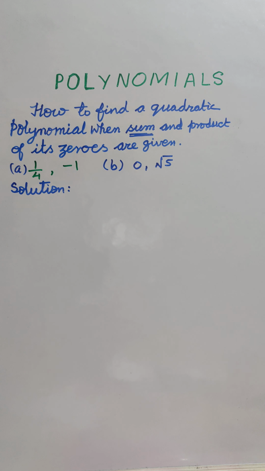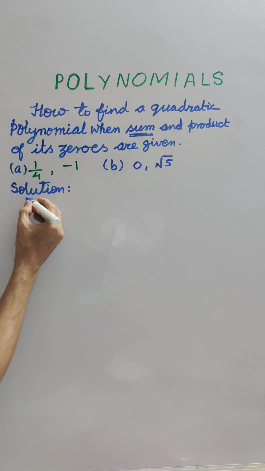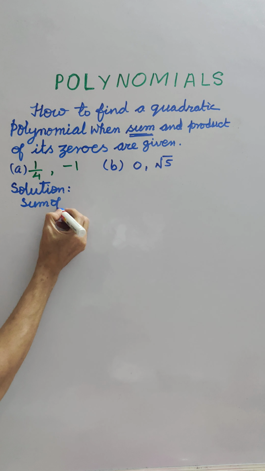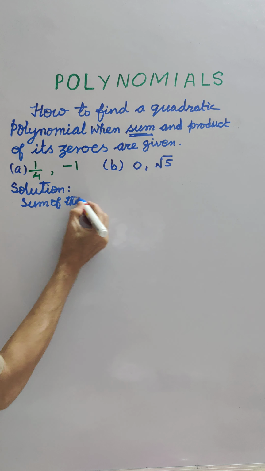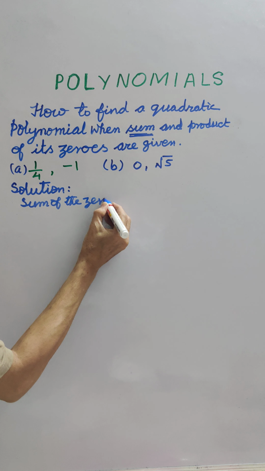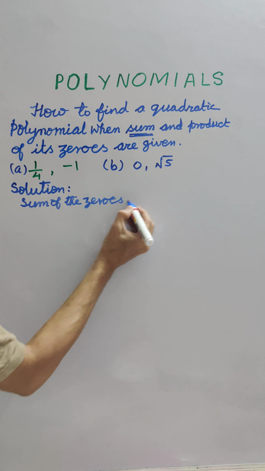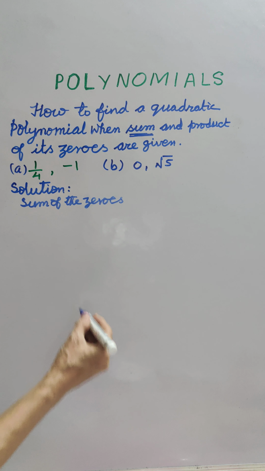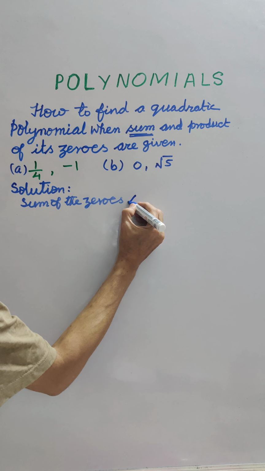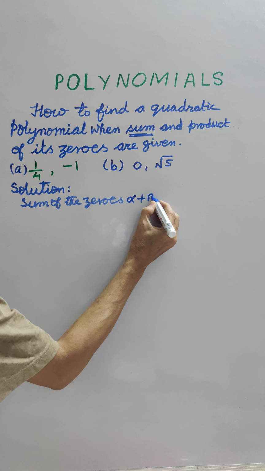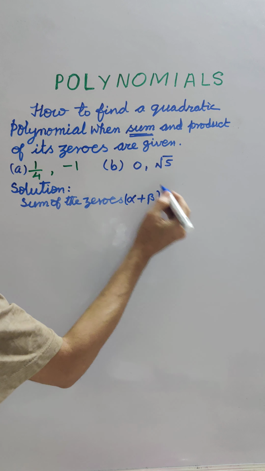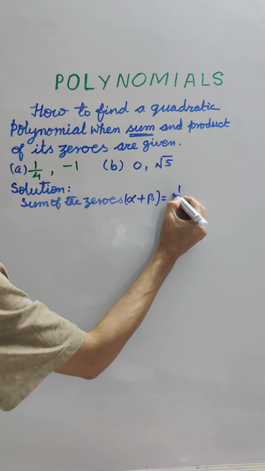So let us see the solution. Sum of the zeros, alpha plus beta. We take zeros as alpha and beta. Alpha plus beta is equal to, it is given 1 upon 4.